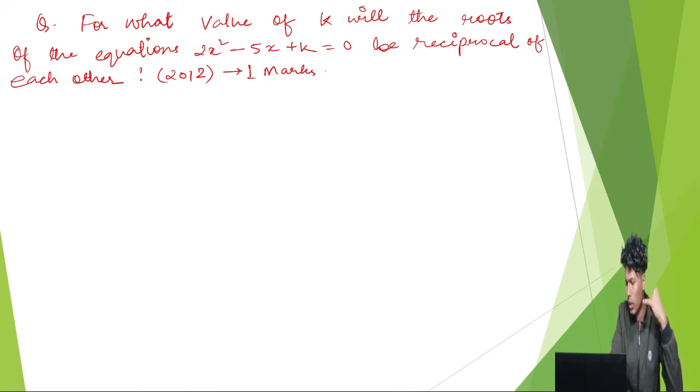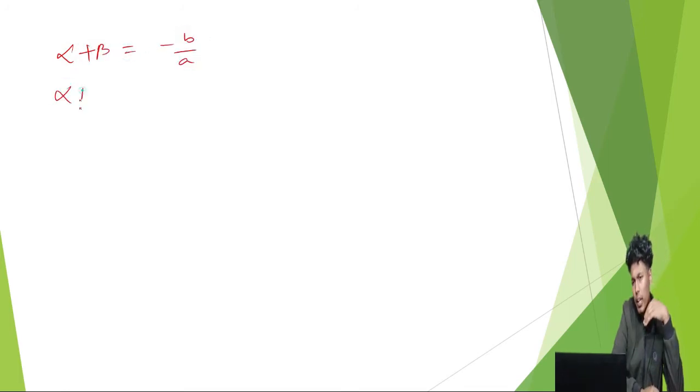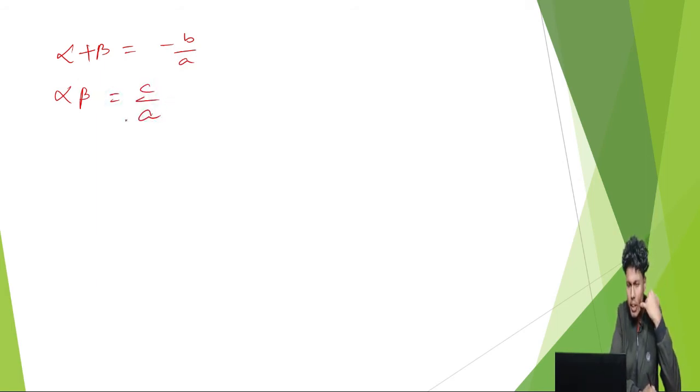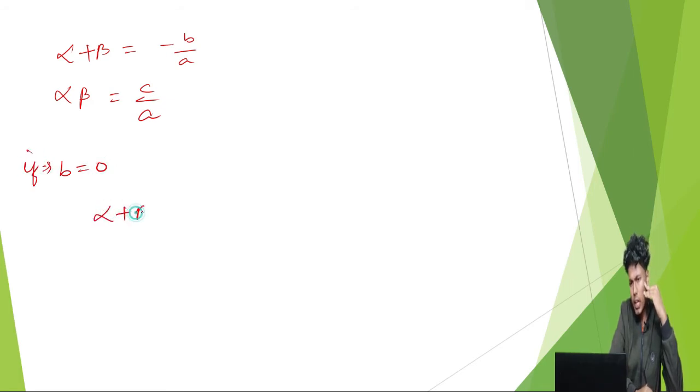Now we know. Let us take alpha plus beta is equal to minus b by a. Alpha into beta is equal to c by a. Now suppose if b is equal to 0, then alpha plus beta will be 0.